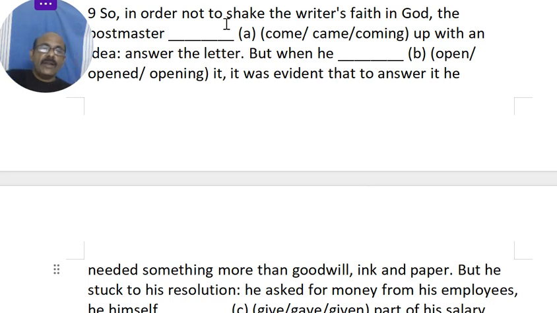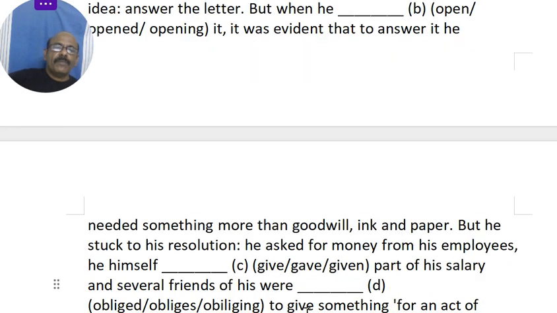Okay, so in order not to shake the writer's faith in God, the postmaster dash with an idea. That means he made up his mind, that is came. When he dash it, it is also obviously past tense, opened. And he himself gave part of his salary. Several friends of his were dash, be form plus V3. Obliged. Obliged means showing obedience. Yeah, so like that.